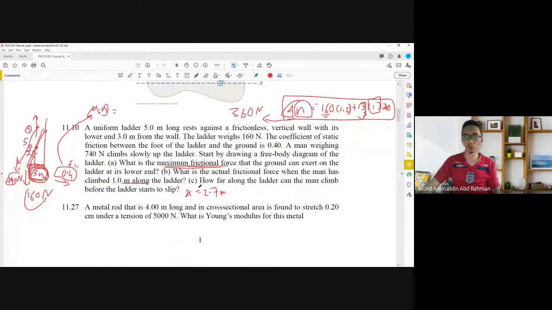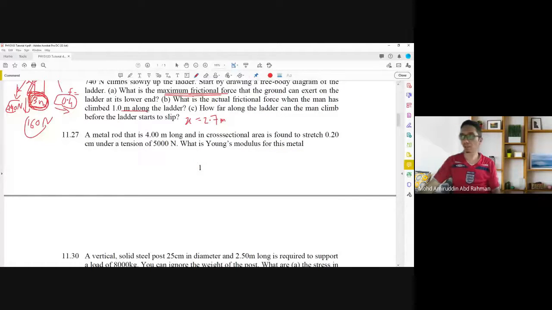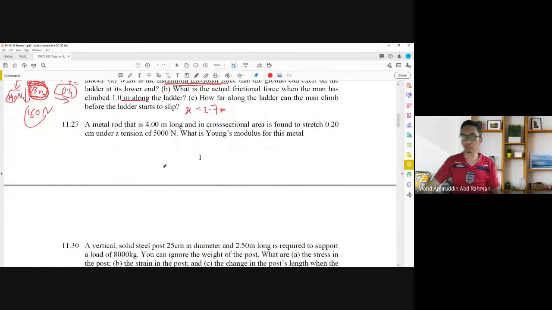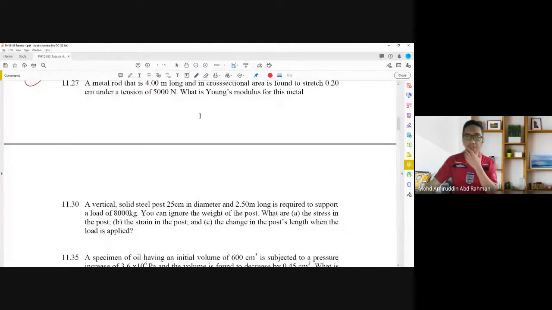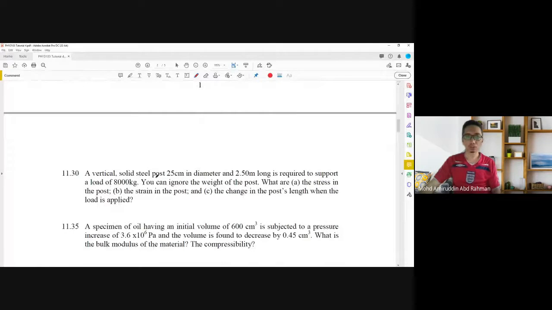Okay, so you have 11.27. This is simple Young's modulus, so the answer is 2 times 10 to the power of 11 Pascal. For 11.30, the stress is also simple.